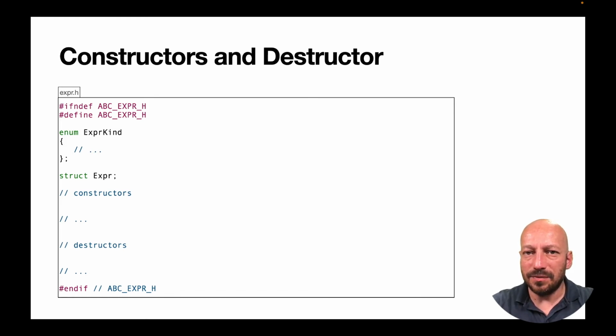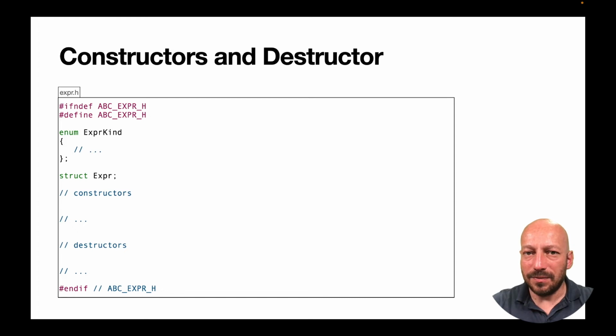And these functions will, for example, be the constructors and the destructor, and later some methods for printing an expression tree or evaluating an expression tree. And this makes sure that only those who know about the details and care about the details are actually accessing the internals of this data structure, and that if something goes wrong with manipulating this data structure, this is the place where we should look for bugs.